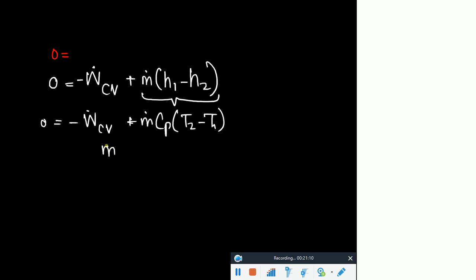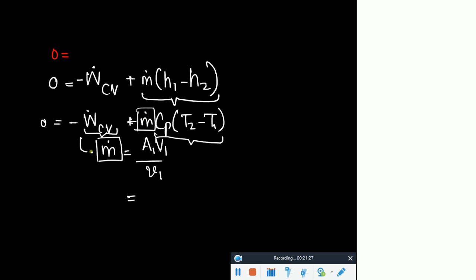We also know that we can write this M dot as what? A1 V1 over this small v1. So this M dot can be replaced by its equivalent relationship from this one.